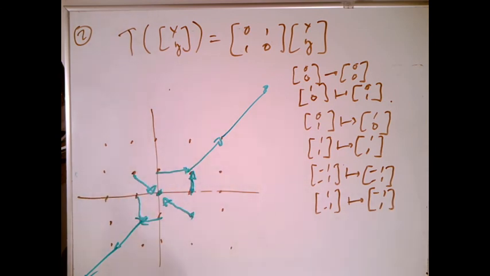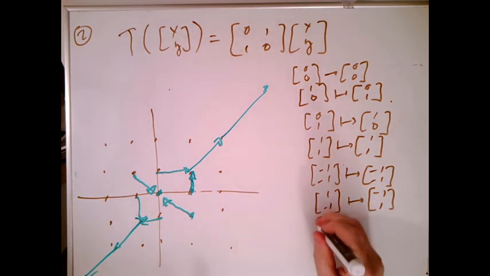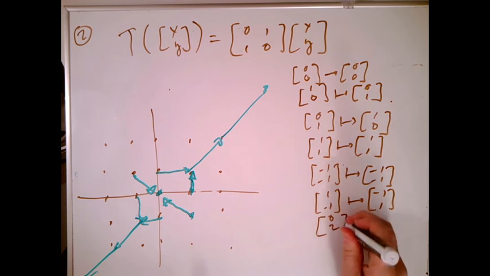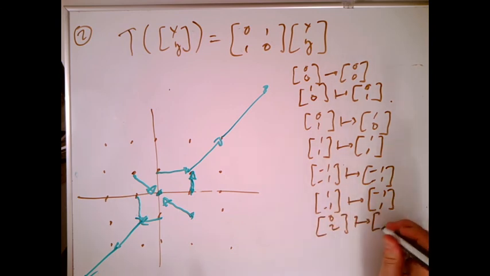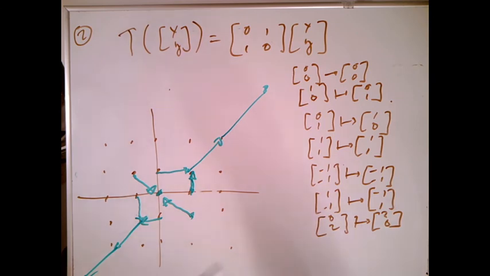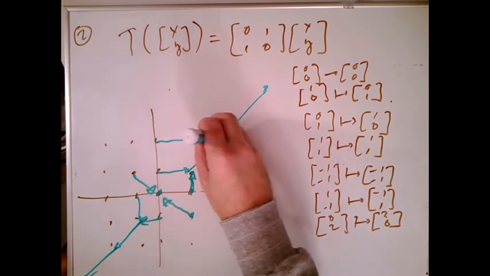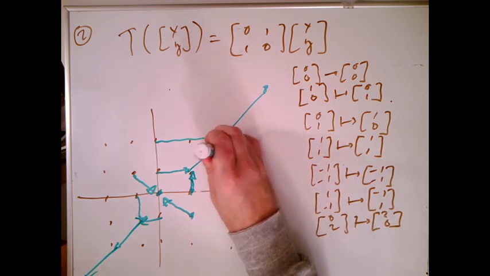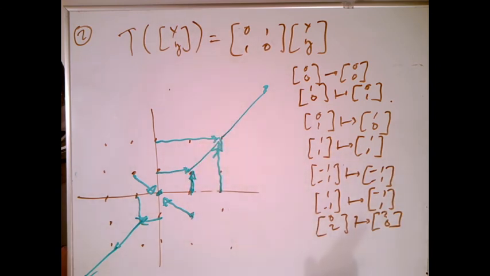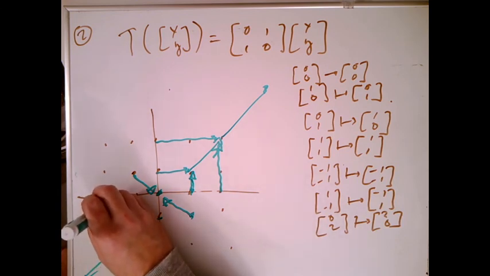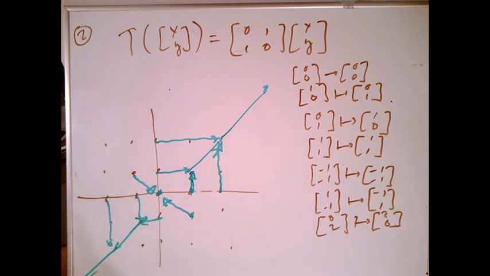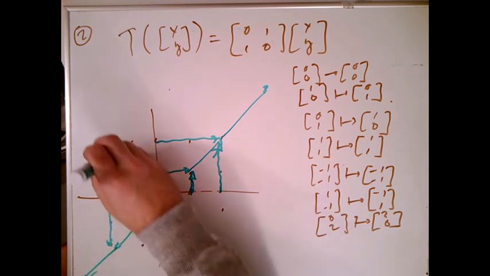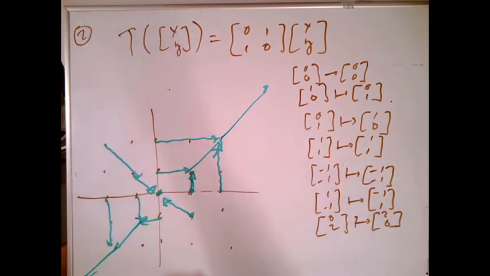When I put in the vector (0, 2), it just switches the x and y components. I get the vector (2, 0). That says that this vector here is going to look like that. This vector here is going to look like this. What else can I get here? I get a vector that looks like that. This vector is going to come down like this.